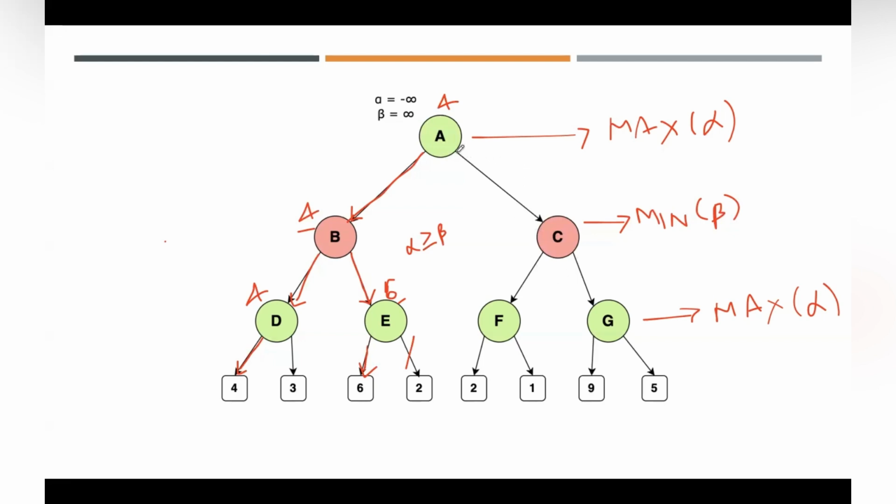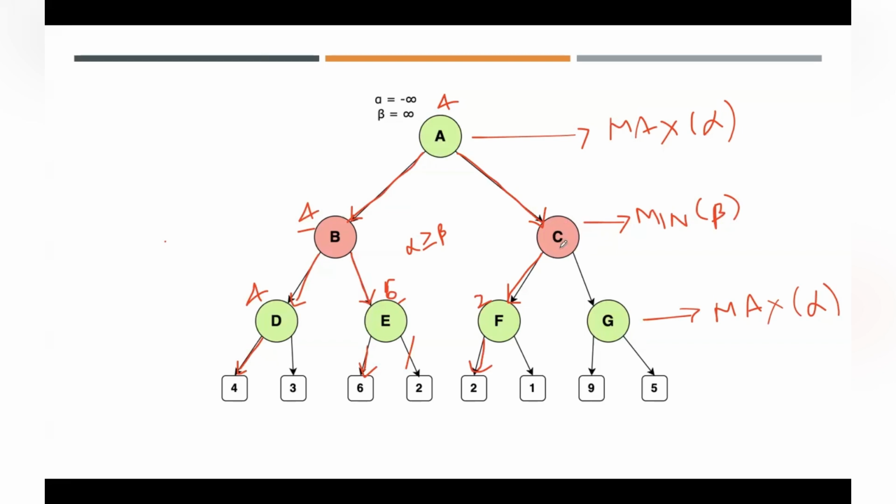Now go to the right part of the tree. Move to this left part. Here return 2 to its parent.